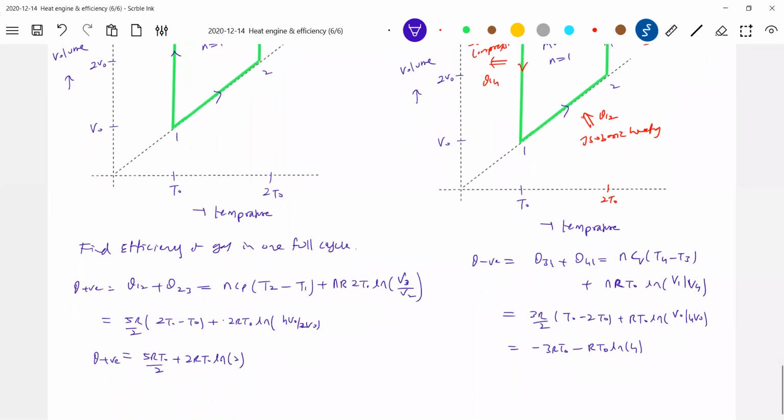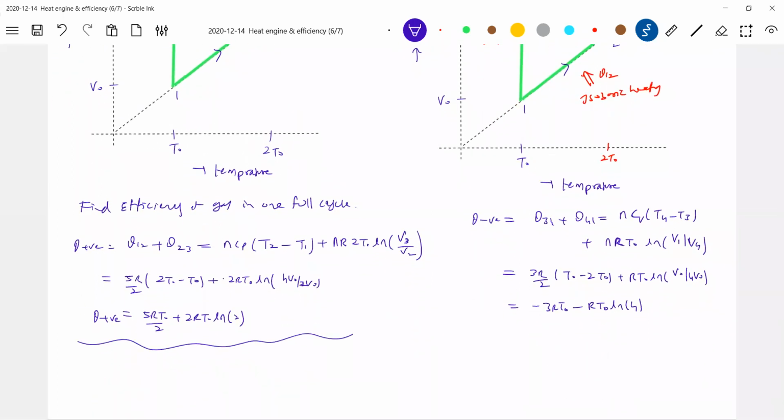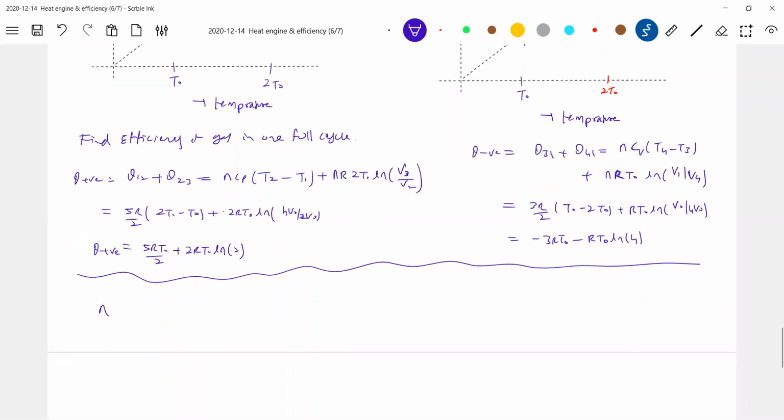Now, what is the efficiency formula? Efficiency is (Q positive minus Q negative) by Q positive. Substituting these values, RT0 will get eliminated anyway. So 5 by 2 minus 3 by 2 will be 1.